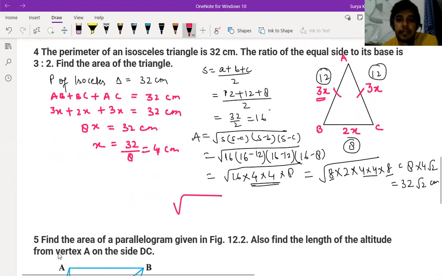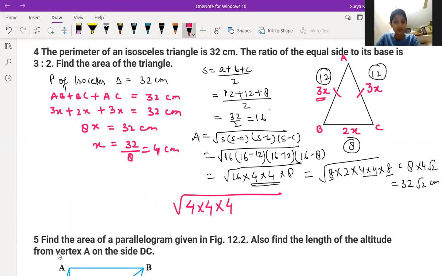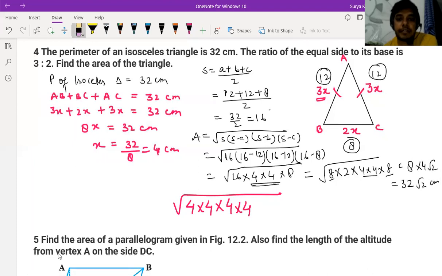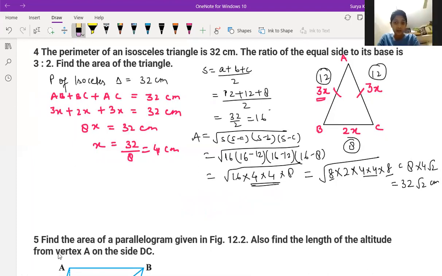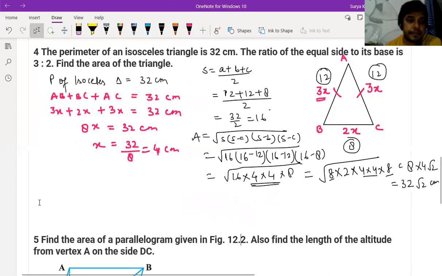Tell me: 16 you can write as 4 into 4, and the other 16 as 4 into 4. Then 8 you can write as 2 into 2 into 2, right? So a 2 will be pending only, right? Yes, sir.